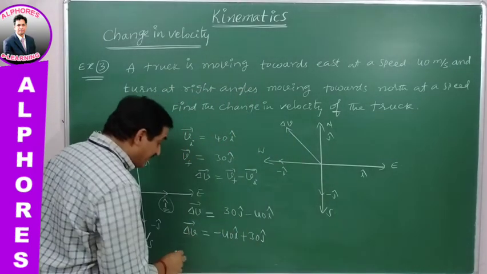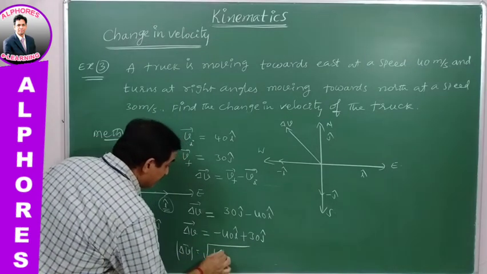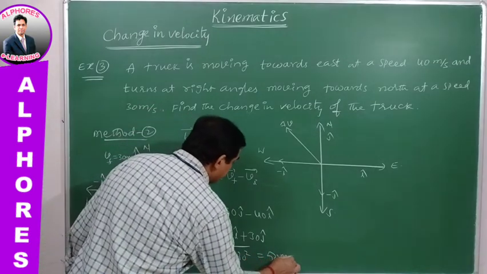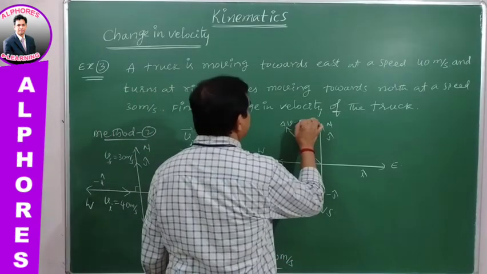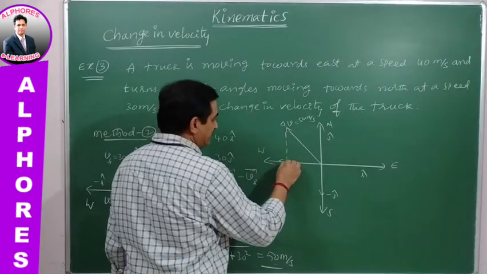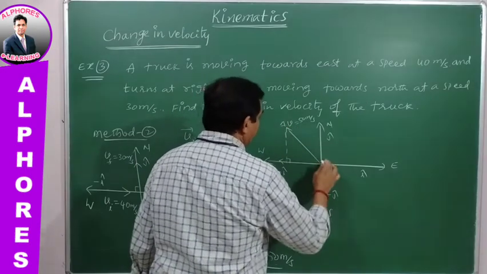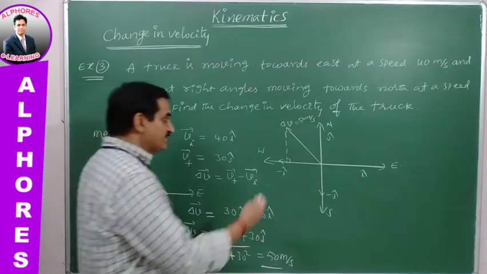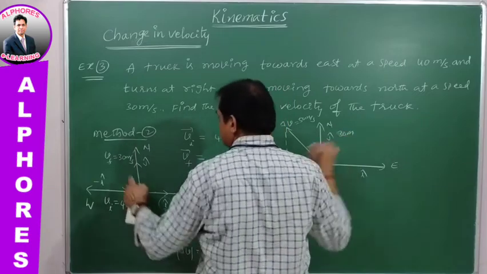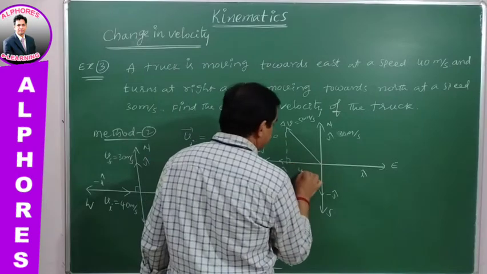What is the magnitude of the change in velocity? Let us find its magnitude: root over 40 square plus 30 square, which gives 50 meter per second. If you take a normal line over here, a right angle triangle, along the positive y-axis, which is the north direction, it is 30 meter per second. So it is parallel, therefore 30, and this is 40.